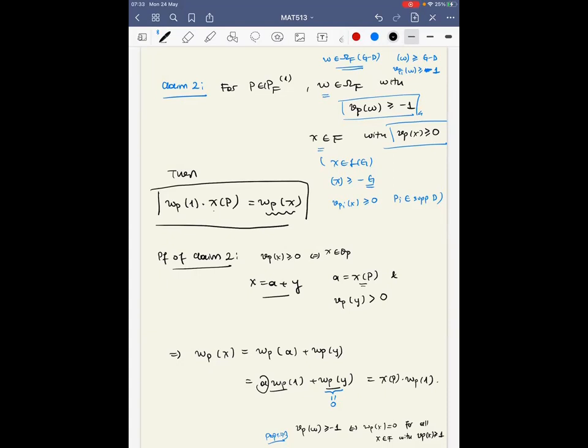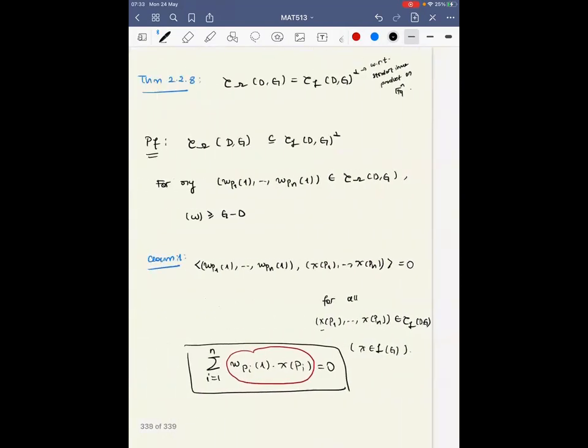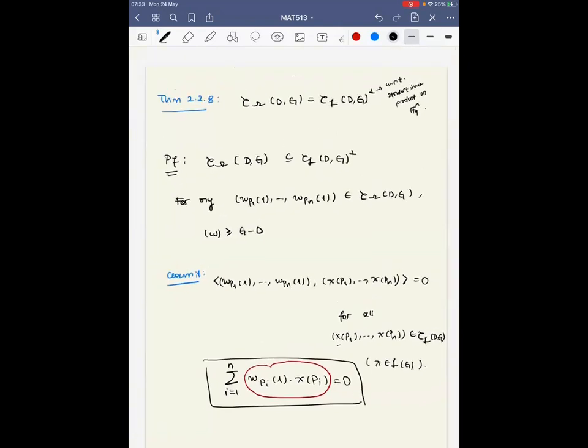So that means we can rewrite this statement.